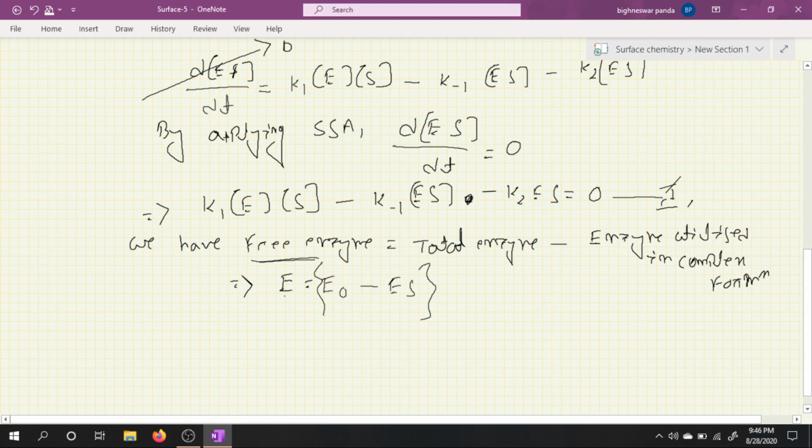So the value of E I can put in equation 2, and the equation will be K1 multiplied by E naught minus ES, times S concentration, minus K minus 1 ES minus K2 ES will be equal to 0.